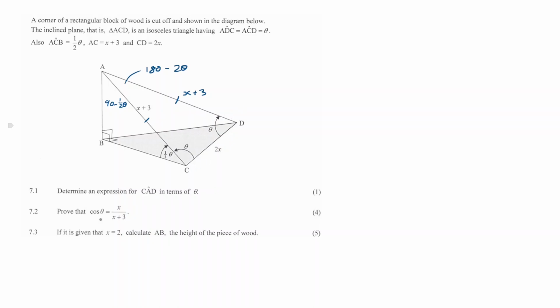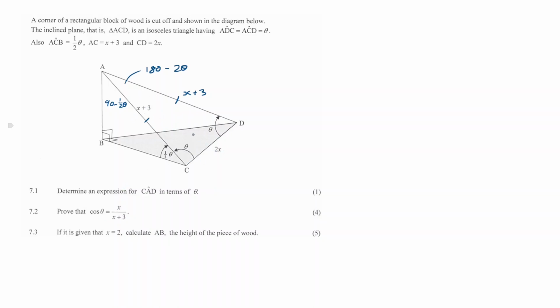And so 7.2, to work out cos theta is x over x plus 3. In some ways you could say I don't have a clue where to begin. And so let's just begin with where we've got our x's and we've got our thetas.